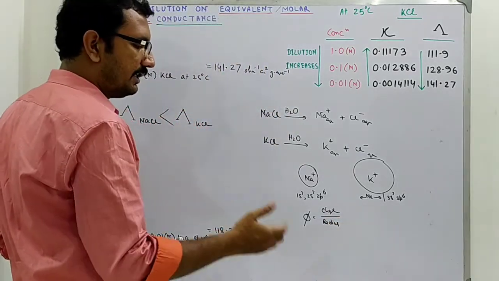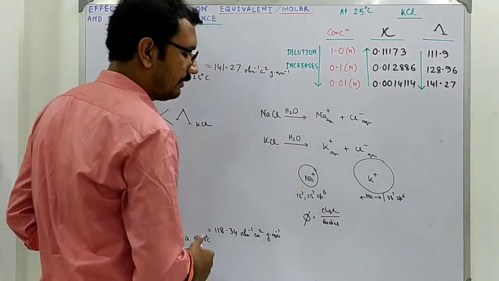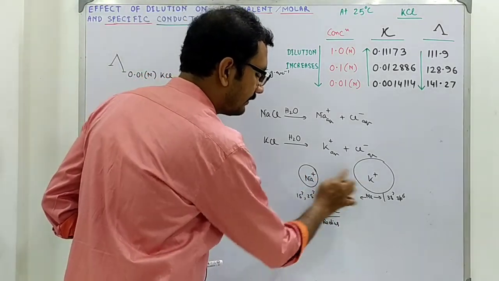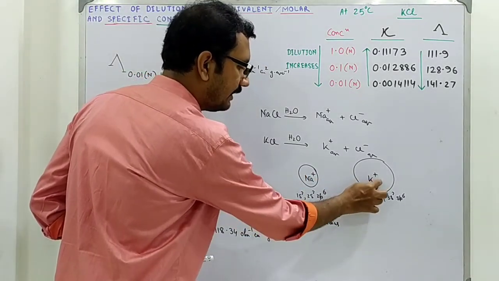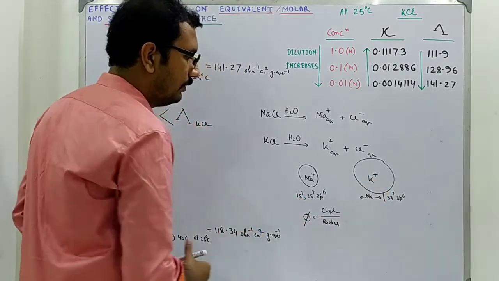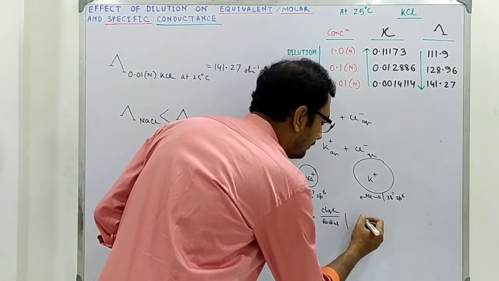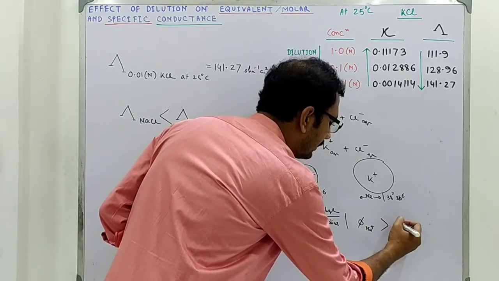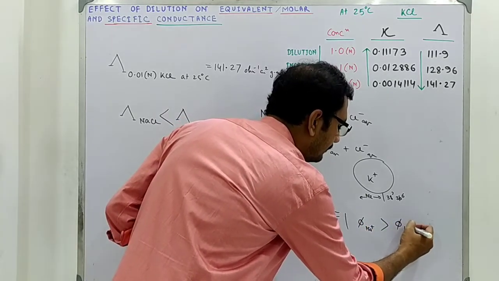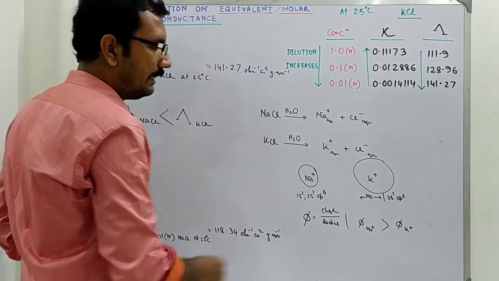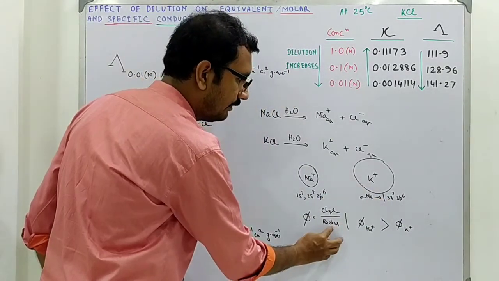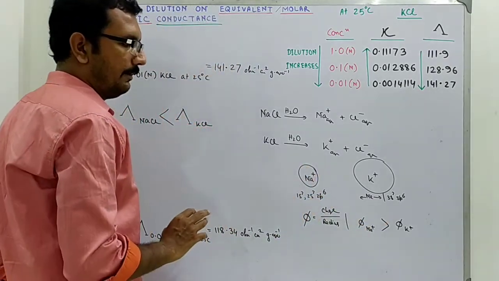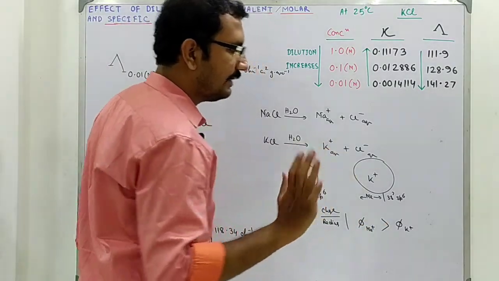So, the ionic potential or the polarizing power of these cations, which is defined as charge by radius: these charges are the same and the radius here is greater and it is in the denominator. So, what we will have? We will have phi Na plus greater than phi K plus. See, it has a greater radius, so a greater value in the denominator. So, it will be lesser for K plus compared to Na plus. So, this is the charge density actually.